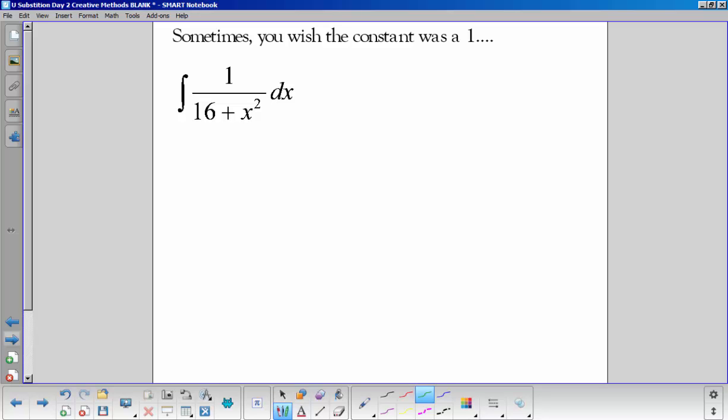All right, so what we are aiming to do here is to factor out that 16. So I'm going to set up a U-substitution. I'm going to let 4u equal x, because what happens when I square that? You get 16u squared equals x squared, right?